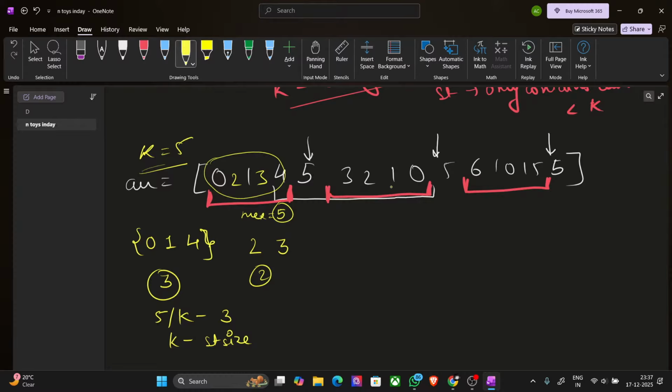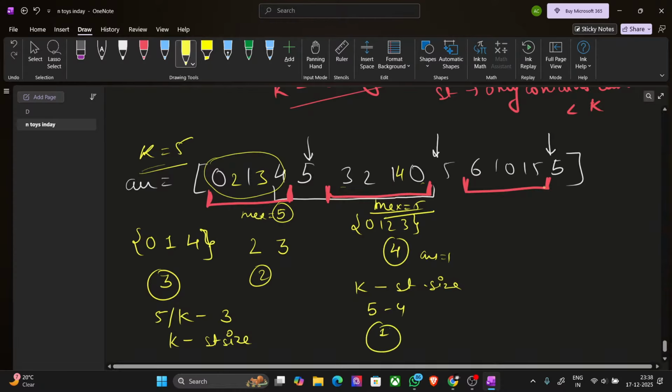And in this segment 3, 2, 1, 0, I have 0, 1, 2, 3, and I need 4, and when I insert it here, we will get max as 5. So how I calculate that the answer is 1: it is just k minus set size, 5 minus 4. So we need only one element to make max equal to 5.